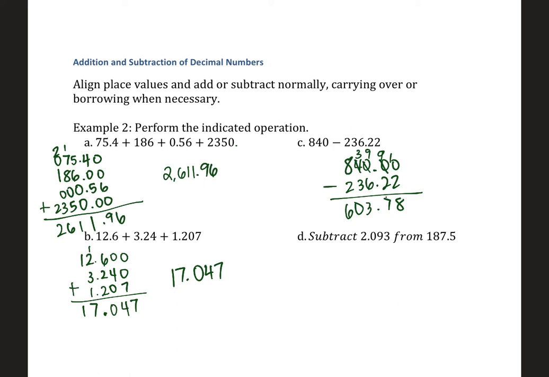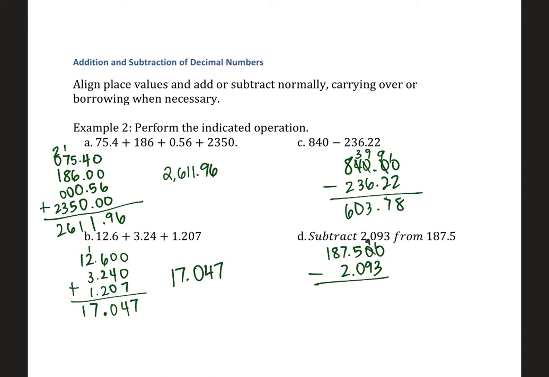And for this last one, we see that it says subtract this number from 187.5. So 187.5 is actually going to be on the top because I'm subtracting 2.093 from that. Be careful when you're setting up these times because a lot of people mix up. They'll put 2093 minus 187.5, but it's the other way around. Filling in those missing zeros. 10 minus 3, we're going to have to borrow.